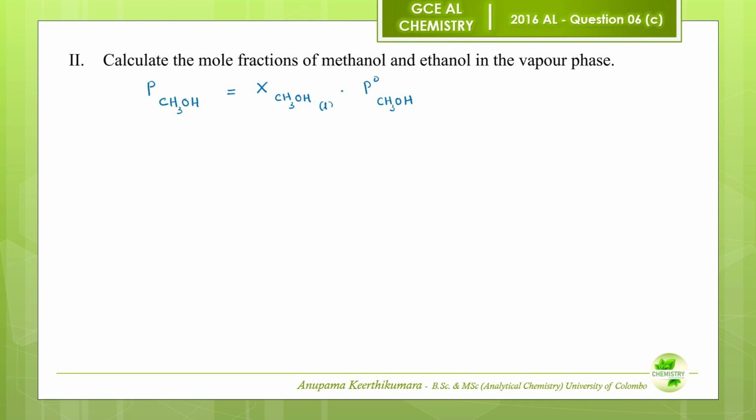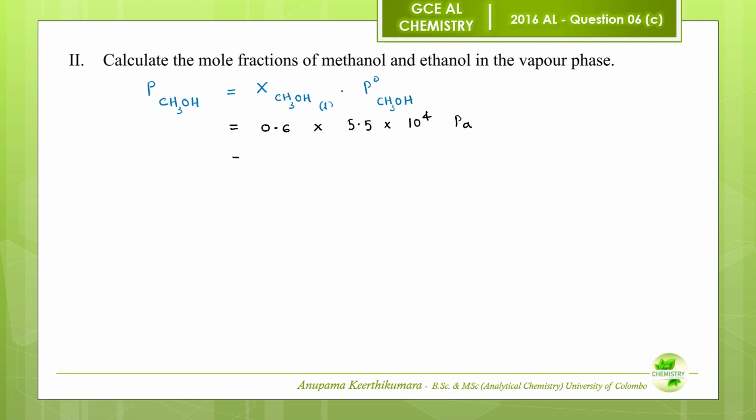Substitute values for this expression. The mole fraction of methanol in the liquid phase is 0.6 times the saturated vapor pressure of methanol, 5.5 times 10 to the power 4 Pascal.